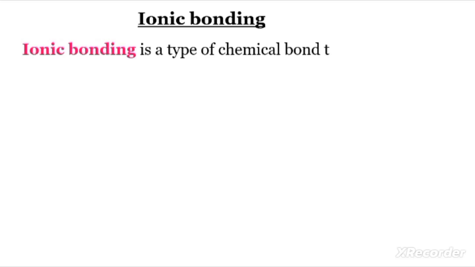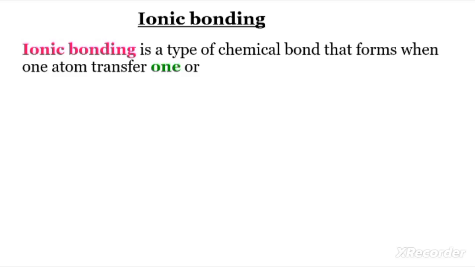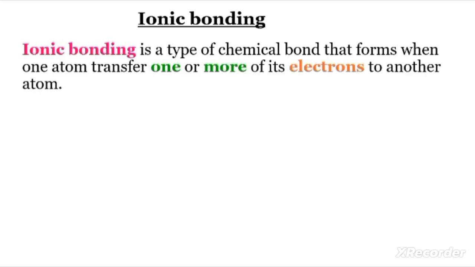What comes to our mind whenever we hear the term ionic bonding? Ionic bonding is a type of chemical bond that forms when one atom transfers one or more of its electrons to another atom.